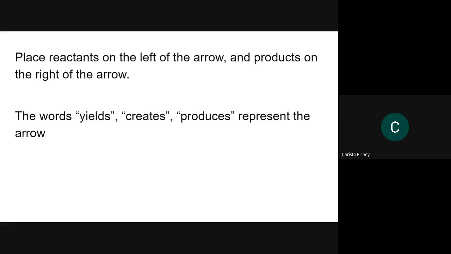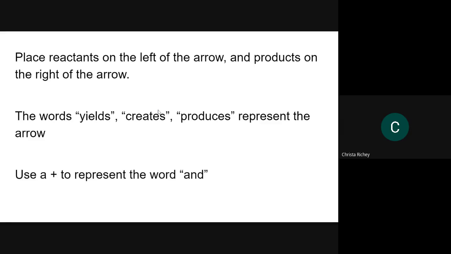I don't know. When you are reading a sentence, the reactants are the starting substances. So they go on the left. Now we read left to right, top to bottom. So the starting things are going to go on the left. Those are called reactants. When I say on the left, I mean the left of the arrow. If there's more than one, it gets a plus sign.